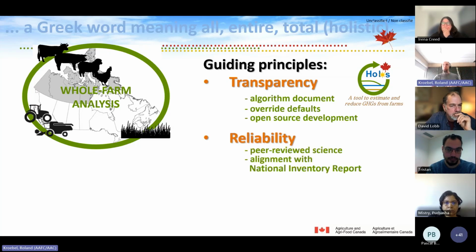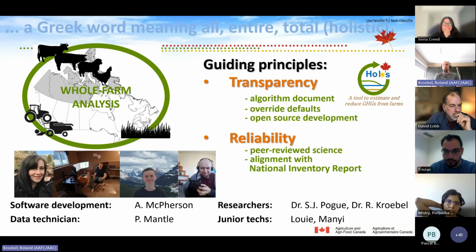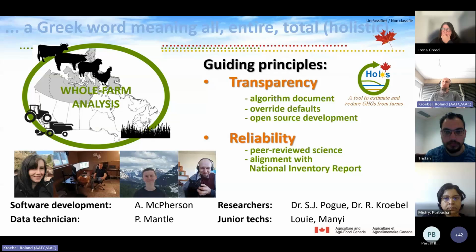We're trying to do this as open and as reliable as we can, and the reliable part is basically then to try and align with the national inventory as much as we are able to. But however, we do step a little bit ahead of the inventory on the basis of peer-reviewed science, because we get the farmer to input information directly, or whatever user chooses to use the model.